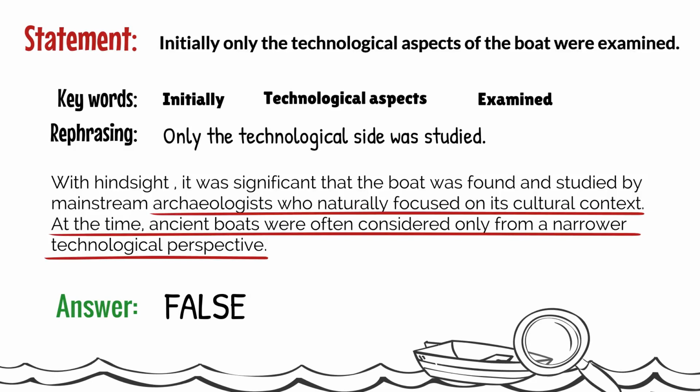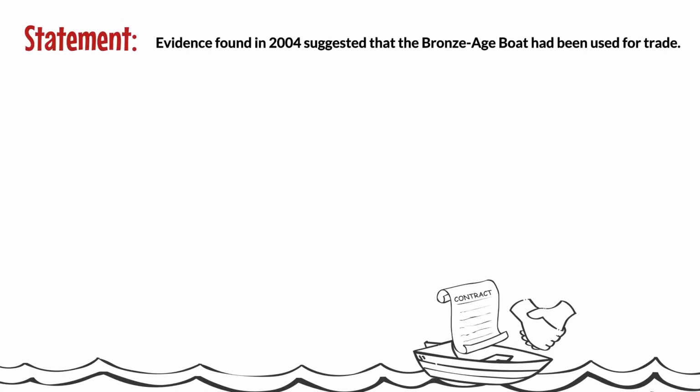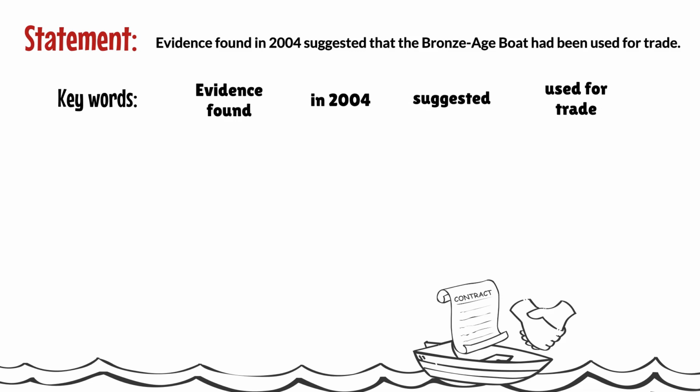Let's look at another statement and see if it's true, false, or not given. Evidence found in 2004 suggested that the Bronze Age boat had been used for trade. So the keywords here are evidence found, in 2004, suggested, used for trade. Here the year 2004 will be helpful to locate the information.